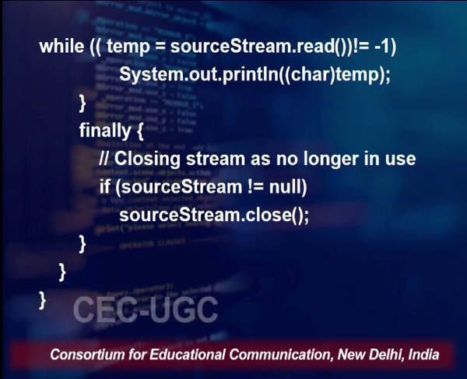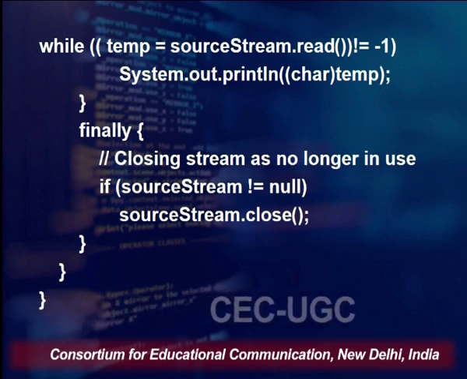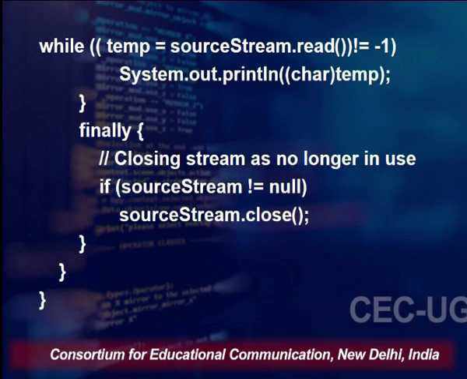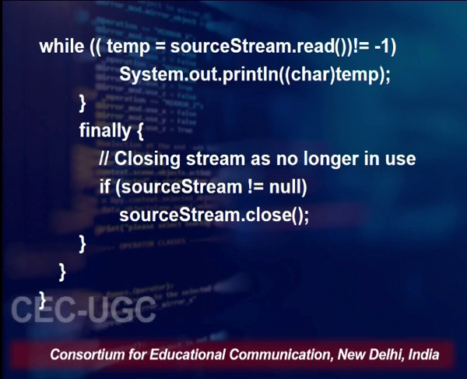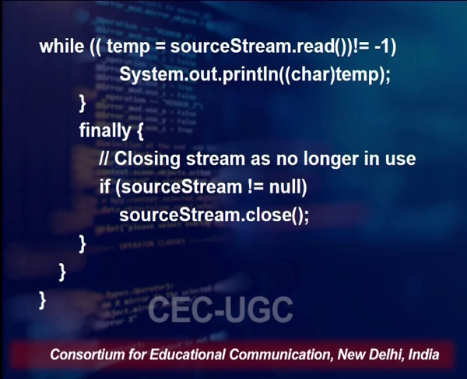So, here what are we going to do? Here we will read: temp = sourceStream.read() not equals to -1. That means the loop will go on as long as the source stream is able to read something from the connected file.